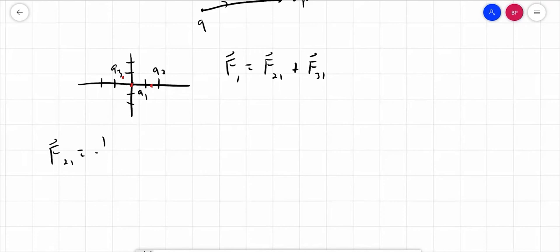Well, F21 are these constants times the product of the charges divided by the distance squared times the unit vector that points from the one creating the force to the one where we want to know the force. Okay, so we can completely ignore 3 here. This is only about 1 and 2.